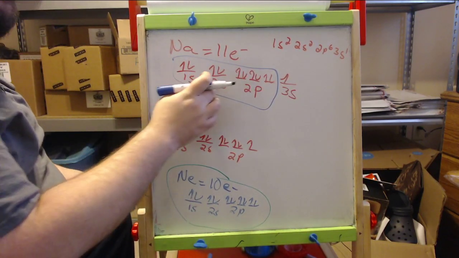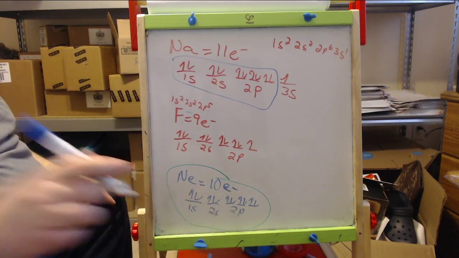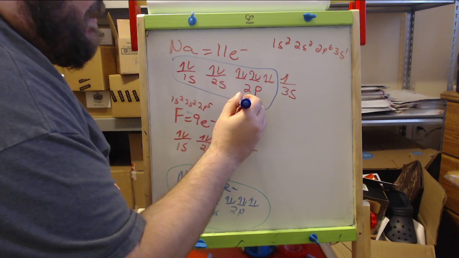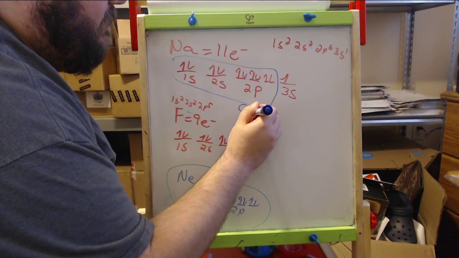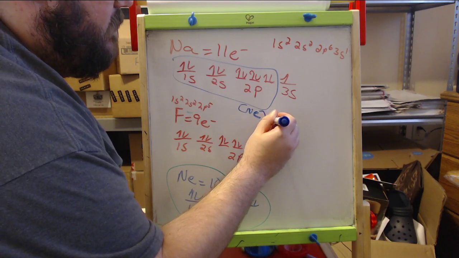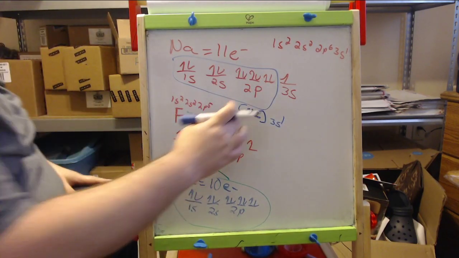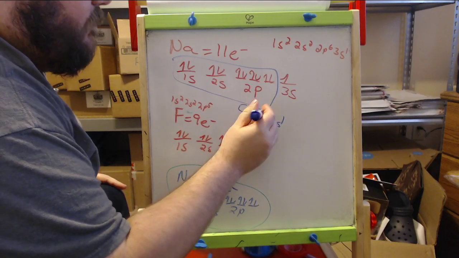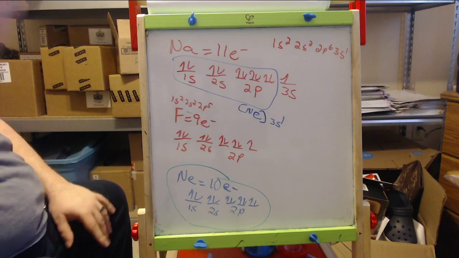So, 1s2, 2s2, 2p6. That's neon. Write it as neon and then whatever the leftover extra is, 3s1. And that's another way of writing this electron configuration to show how the electrons are being added.